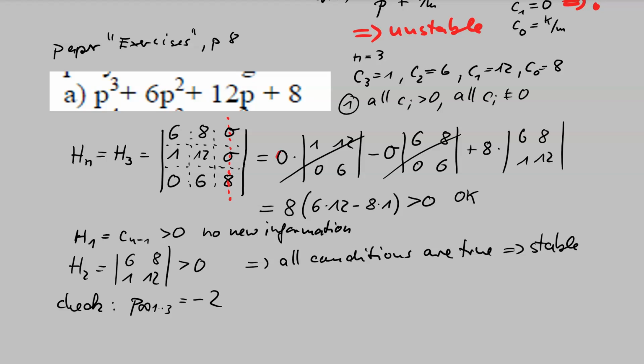Or in other words, if you check this, this is stable. If you calculate p plus 2 to the power of 3, then you get p to the power of 3 plus 6p to the power of 2 plus 12p plus 8, our starting condition. So of course the pole criterion and the Hurwitz criterion must deliver the exact same statement. Okay, next examples in the next video.